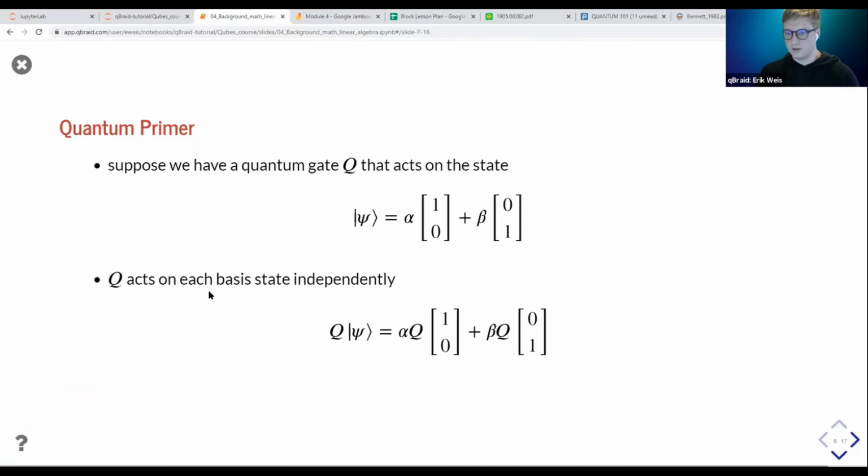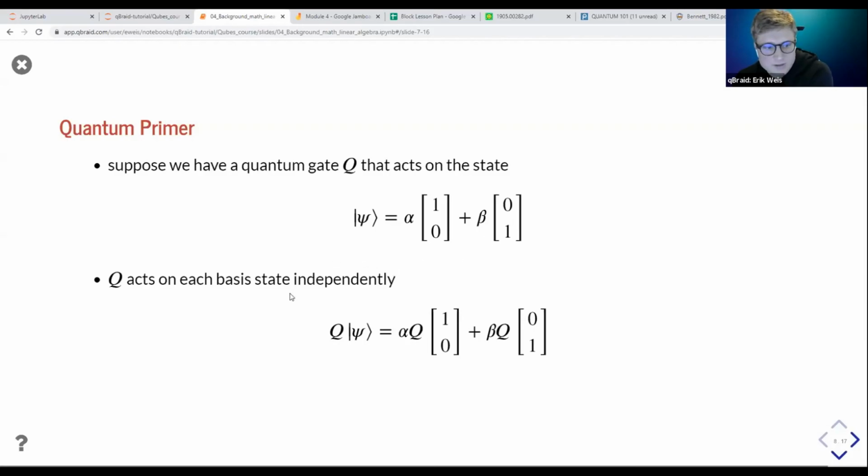So let's move on. This is the last thing we're going to talk about. Suppose that we have a quantum gate Q, and it's going to act on the 2-dimensional general qubit state psi equals alpha times the first basis state, 0, plus beta times the second basis state.